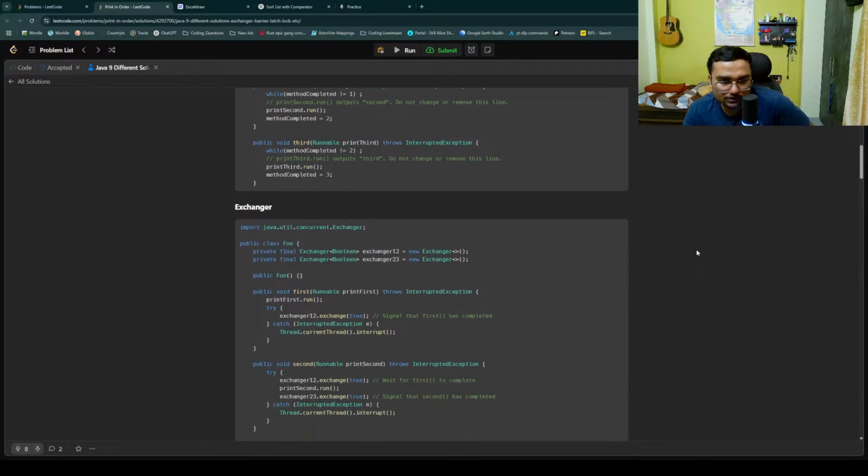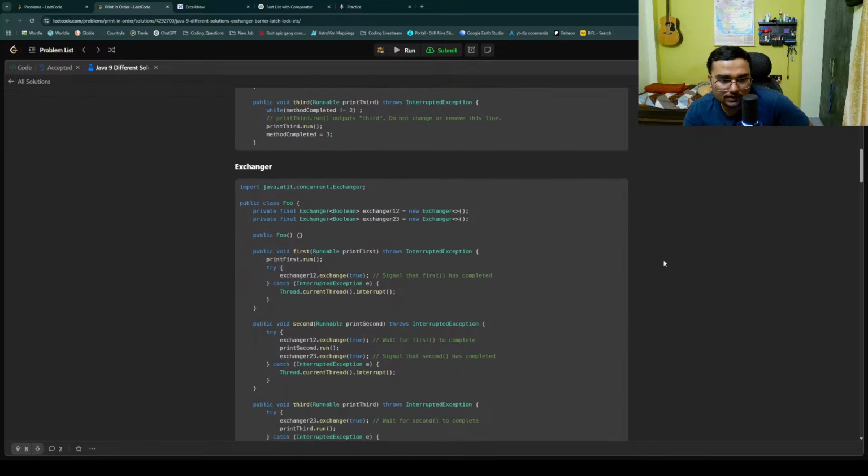Then we have exchanger. What is exchanger? So we define two exchangers. Then we try to run exchanger1.exchange true, to signal that first has completed. Otherwise, catch the exception. Then wait for first to complete. Exchanger1.exchange true. What the?